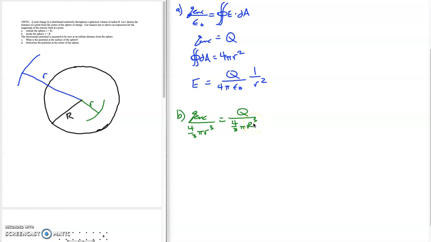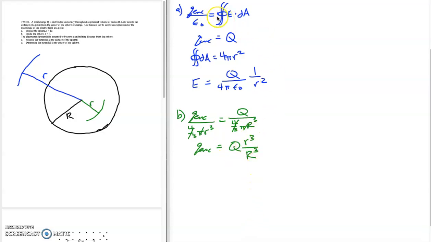This is a lot like the 1989 problem, except this time it's a little bit easier because we don't have an extra point charge at the very center. This time we just have this charge spread throughout the volume. So our Q enclosed is now going to be the volume ratio. The constants all cancel out and we end up with little r cubed over big R cubed.